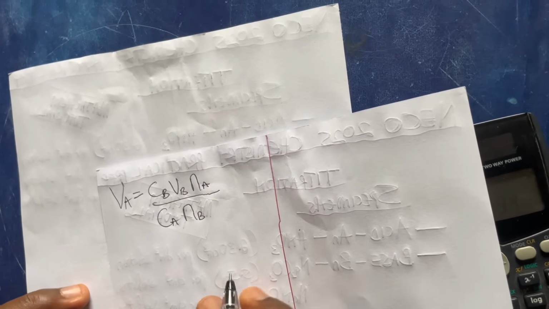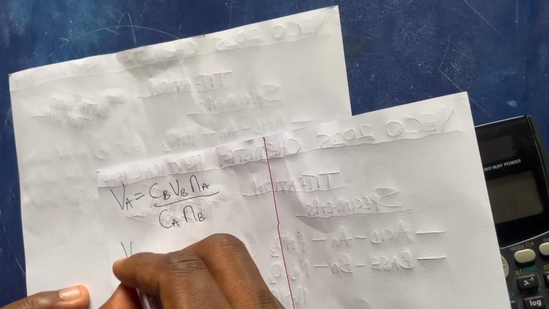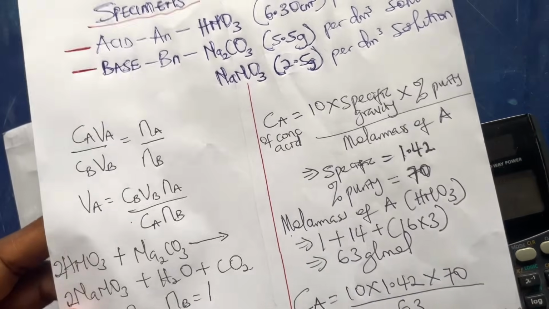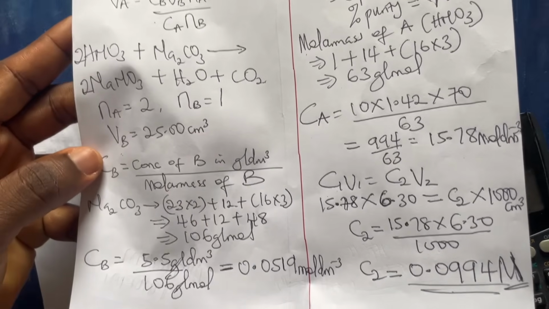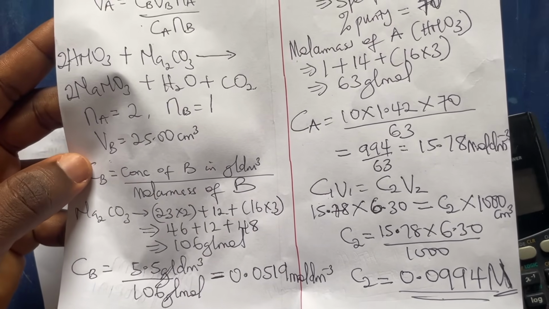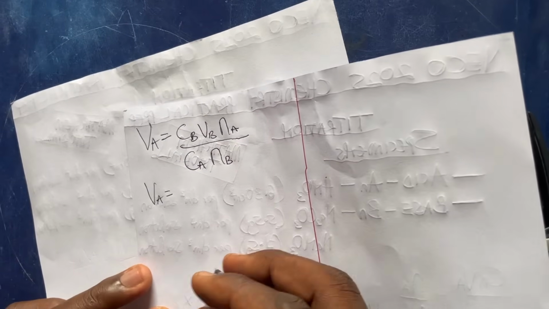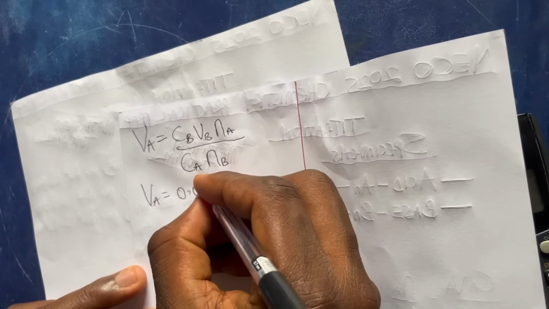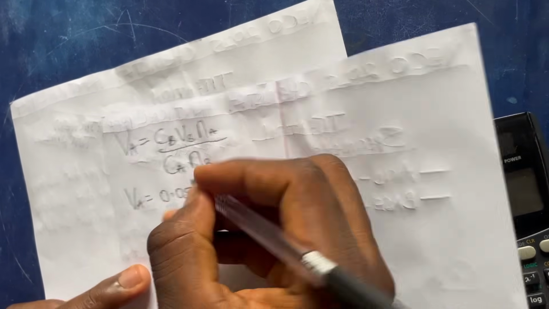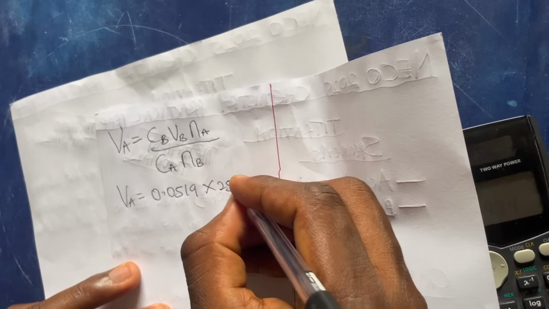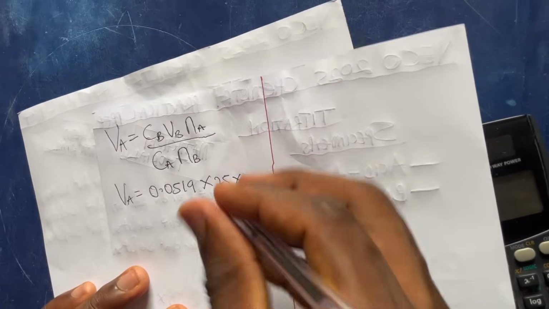All right, now let me insert them. My CB is 0.0519, multiplied by VB, which is 25, times my NA. Let me check here. My NA is 2.